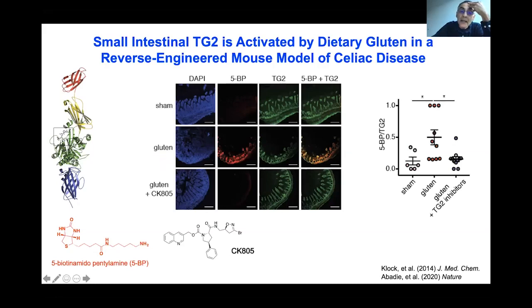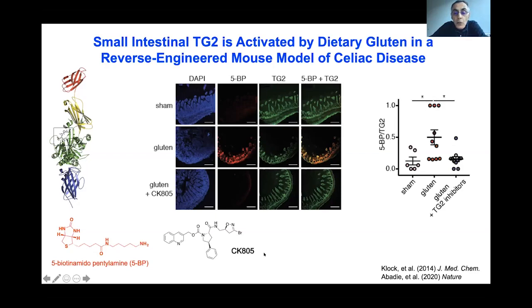And a key early result that was telling us that we were going in the right direction was when they had a mouse that, when treated on a gluten-free diet, you could see that this probe doesn't stick to the small bowel, but in the presence of gluten introduced into the diet, if you inject this probe into the tail vein of the mouse, you see that it lights up. And when you co-inject the inhibitor, now you don't see the probe binding.